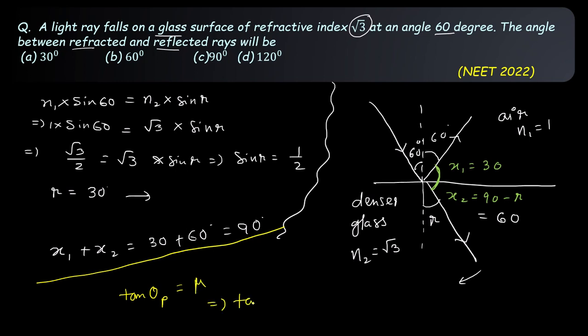Now in this particular problem, tan of 60 comes out to be square root of 3, and the refractive index is also given to be square root of 3. That means in this condition, the ray will be plane polarized and the angle between reflected and refracted ray will be 90 degrees. So without doing so much, we can get the answer very quickly. Let's move on.